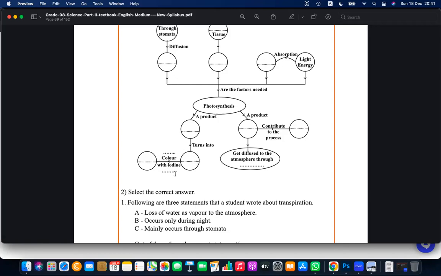If you color with iodine, what color can you see? Blue. So it will turn into blue color with iodine, right?